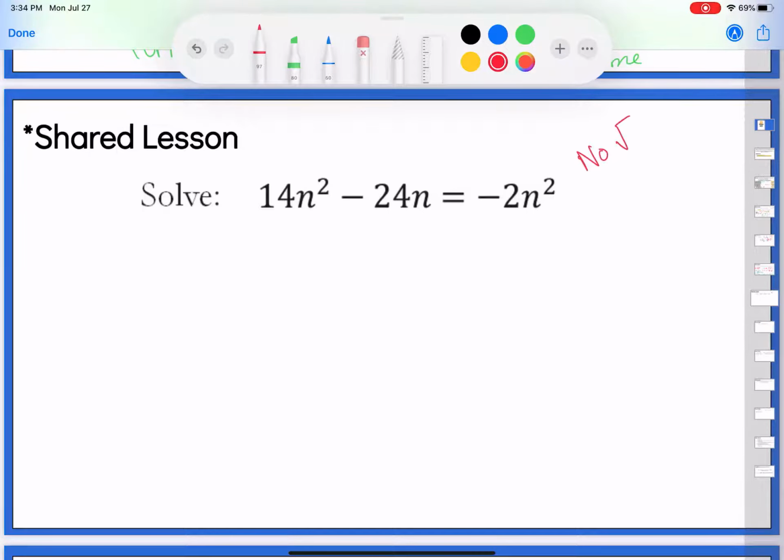All right, so now if I'm going to start my quadratic formula, I have x equals negative (negative 7).